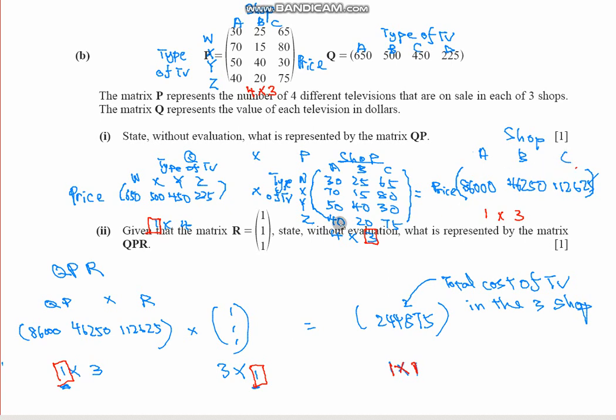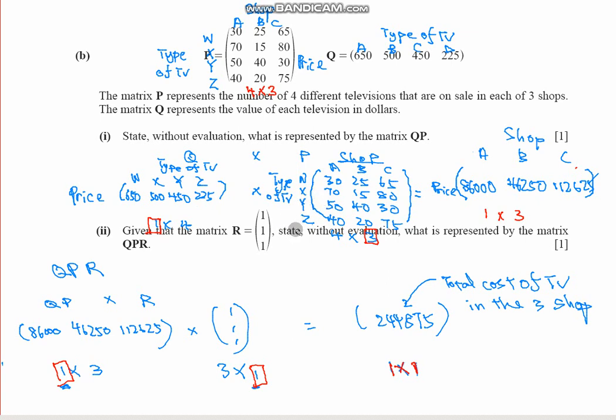Now this is how you work it out. Remember, when you do the multiplication, the type of TV, this W, they must tally. This is the quantity of W, this is the price of W, make sure they match. Then this quantity of X, this is the price of X. Make sure you do this checking, then it becomes a valid multiplication.